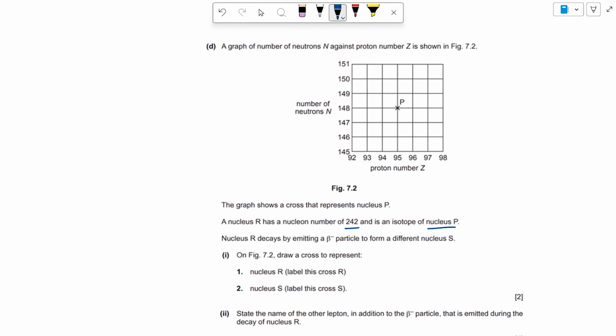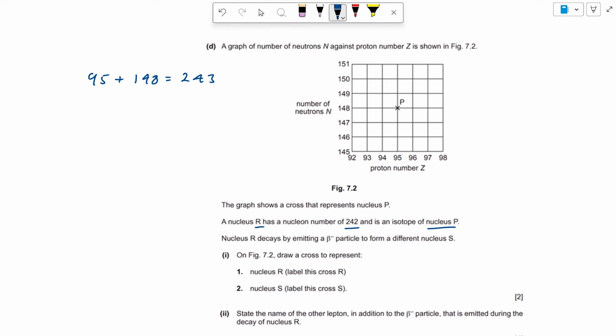So we need to find the nuclear number of P, which is going to be 95 plus 148 is equal to the nuclear number, which is going to give us 243 nucleons.